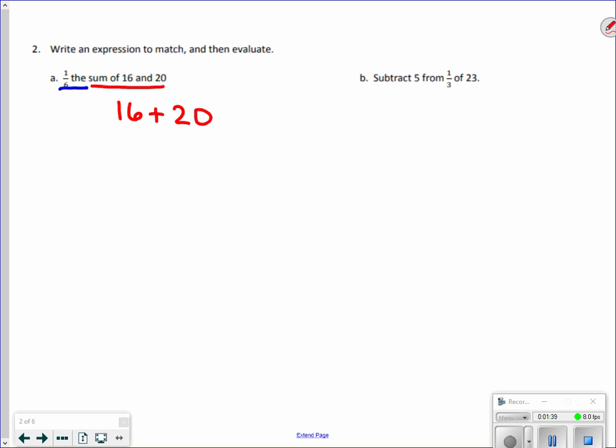And anytime I have words like, a fraction, the, or a fraction of, this is just a little square, a symbol for a fraction. You see this?